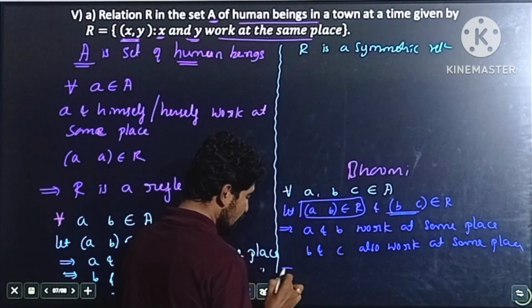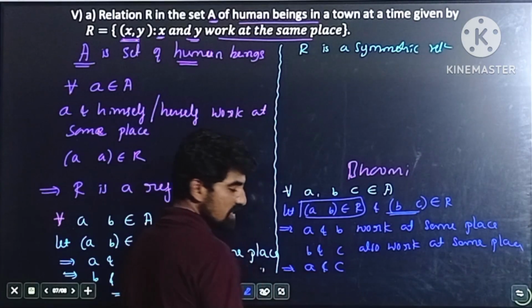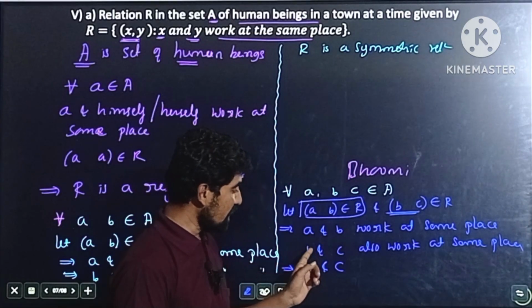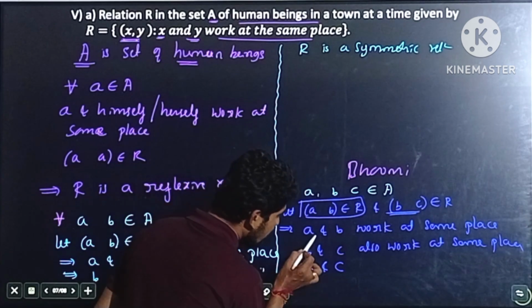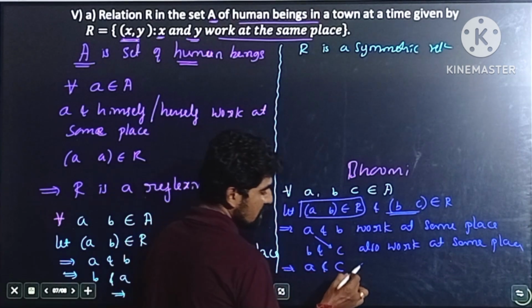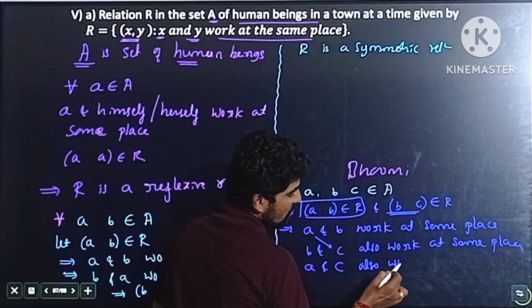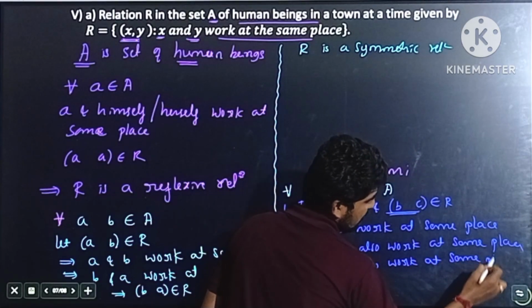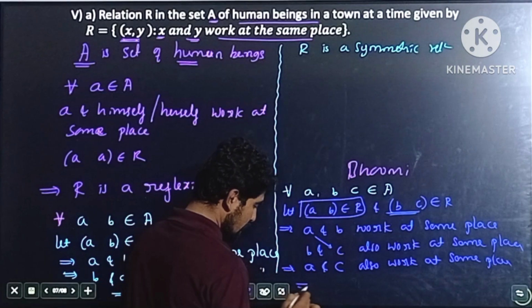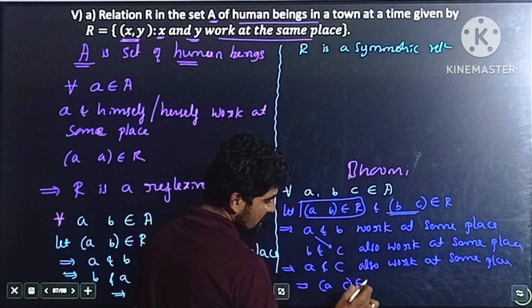Now, if A and B work at the same place and B and C work at the same place, then definitely A and C also work at the same place, which implies the pair AC belongs to R.